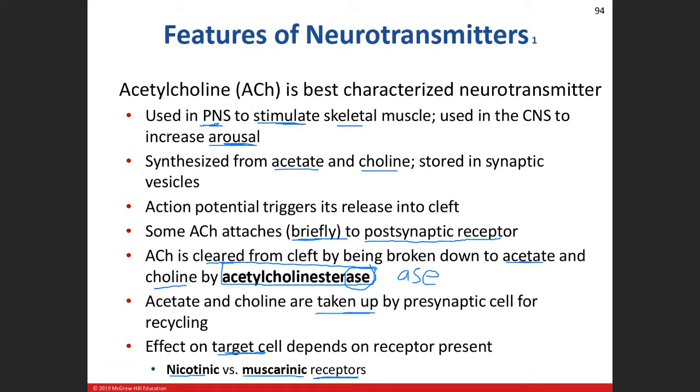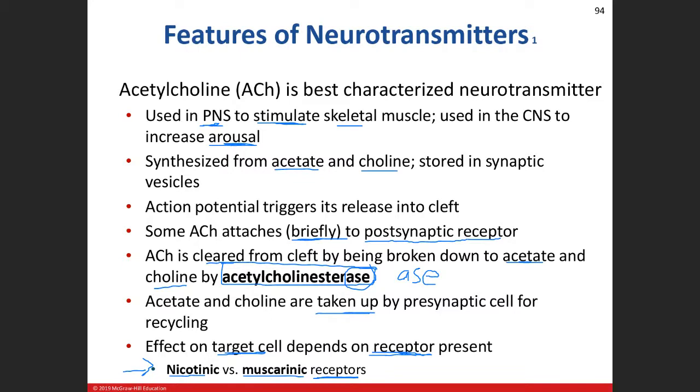Nicotinic are usually excitatory. Muscarinic aren't always inhibitory, but they have a similar effect depending on where we're talking about, like in the heart. So keep in mind, the receptor determines the effect on the cell, which effector it affects.